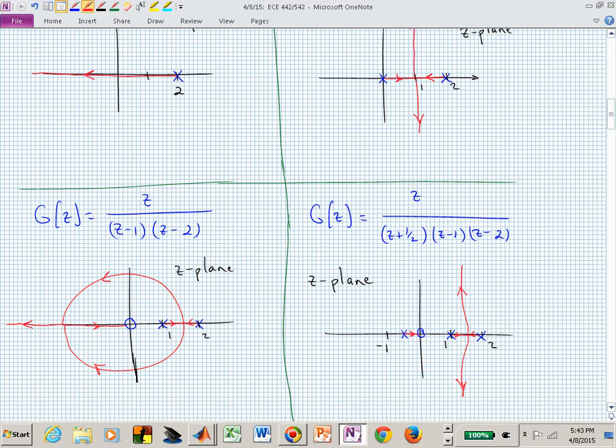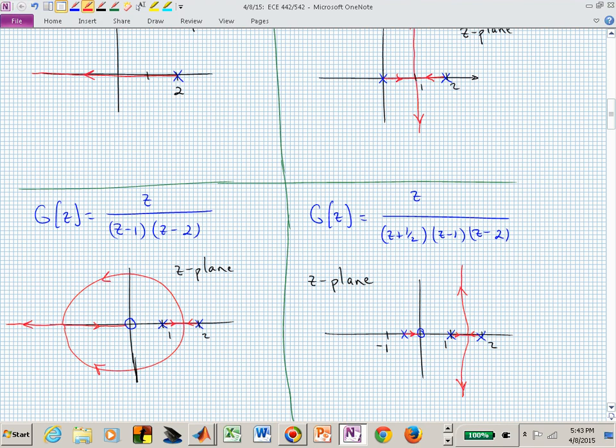We have a rightmost, we have a finite piece, and then an infinite piece on the left. But how many of those real line segments does the root locus live on? There's only 1 segment that the root locus lives on. How many branches of the root locus are there? 2.